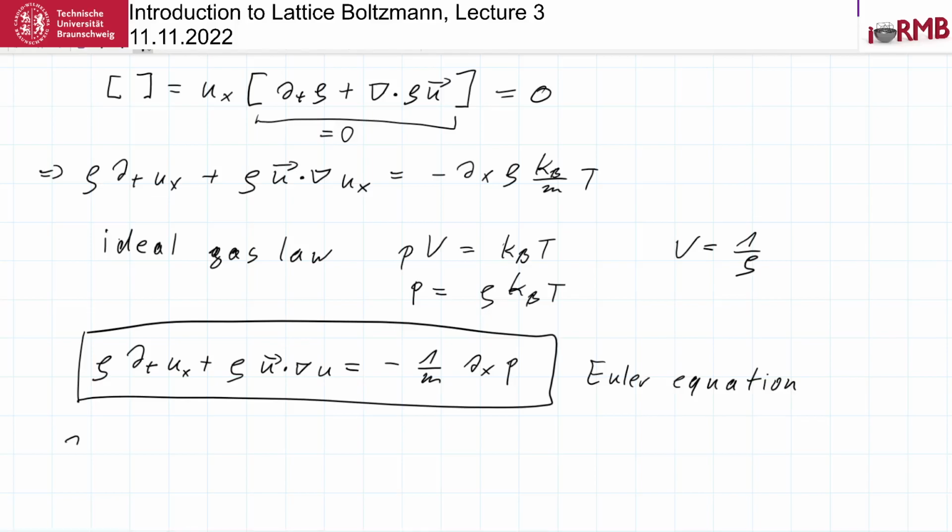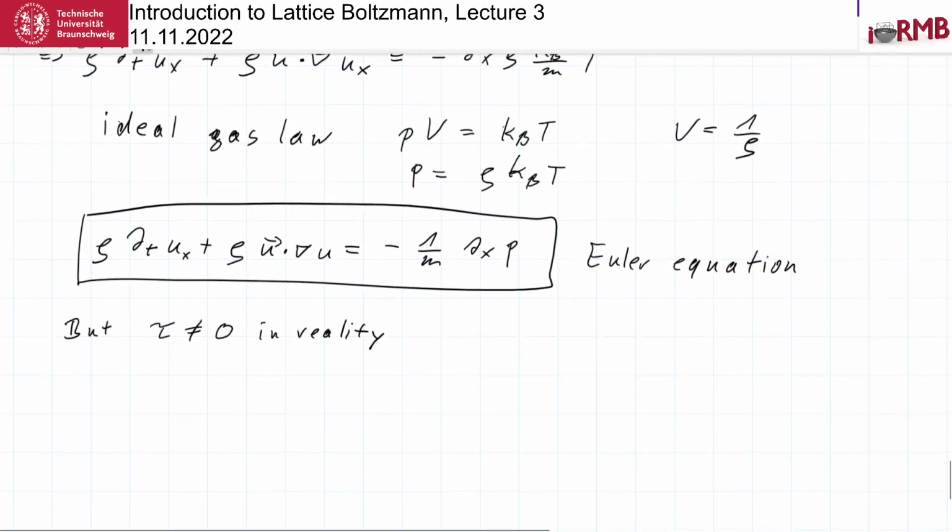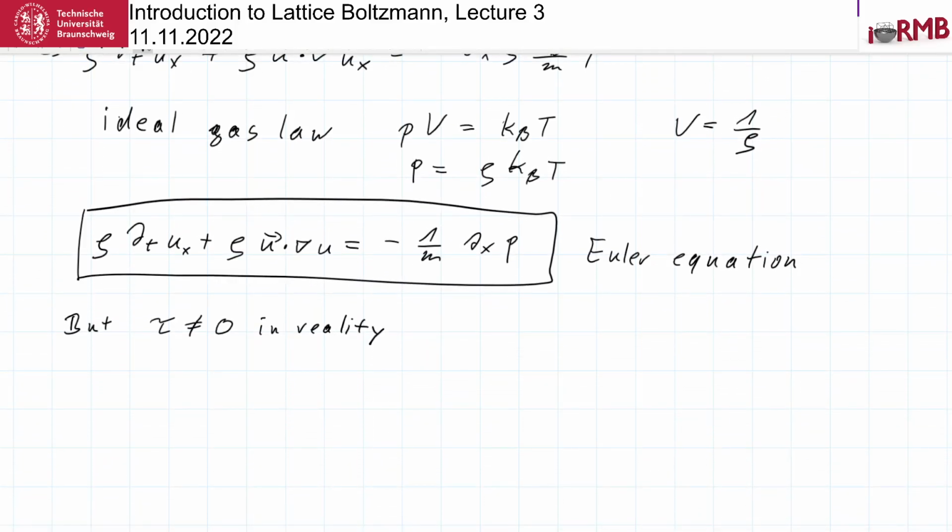Now the problem, of course, is that in reality tau is never equal to 0. And now we have to look at what actually happens in the case when tau is different from 0. So when tau is different from 0, we get a different equation, which looks a little bit uglier.